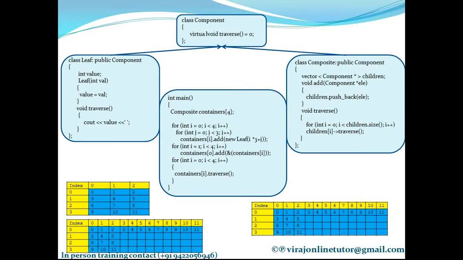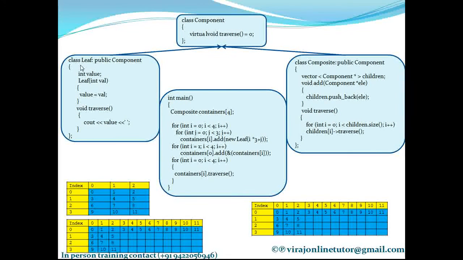I correlate this with the UML diagram that I showed on the previous slide. On my previous slide, I had a function called operation. Remember, I had a function called operation. Now that operation is exactly the same as my traverse function. So I have a class component which has a traverse function.